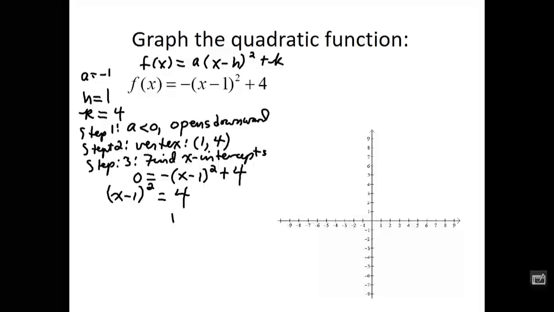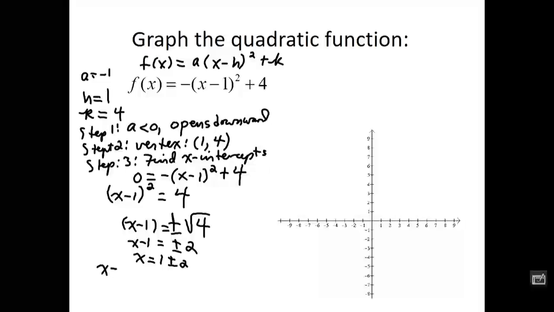If I use the square root property, I have x minus 1 equals plus or minus the square root of 4. So x minus 1 equals plus or minus 2. Therefore, x is equal to 1 plus or minus 2.